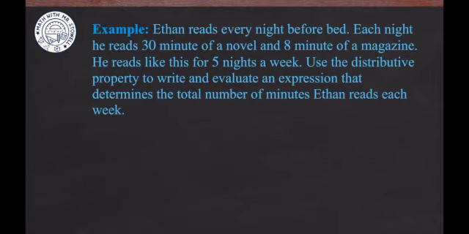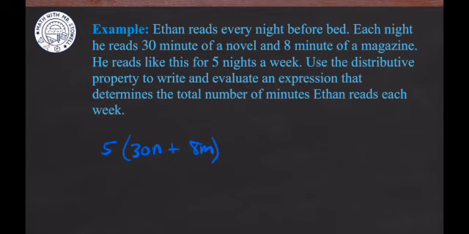Okay, well, we're just going to set up our expression. Each night he reads 30 minutes of a novel. So let's say that's 30 of the novel. And let's say 8 minutes of the magazine, right? He reads like this for 5 nights a week. So let's take this and put it times 5.